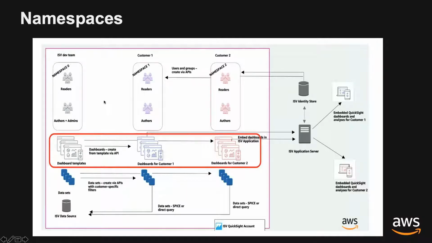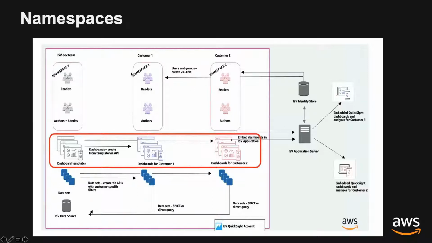Namespaces allows you to logically separate users. So for example, consider the purple box here that represents an AWS account, and within that we have one QuickSight subscription. Here you have your data source that could be a database or S3 or Athena, and you have created multiple data sets and a dashboard in your QuickSight subscription.